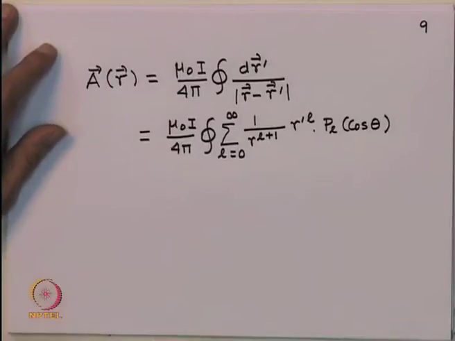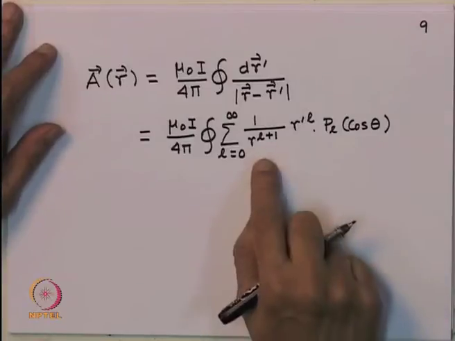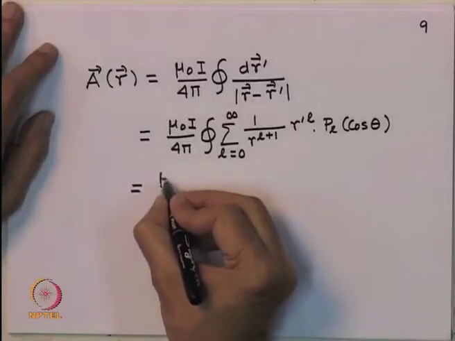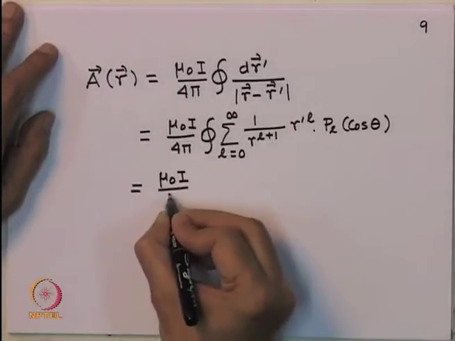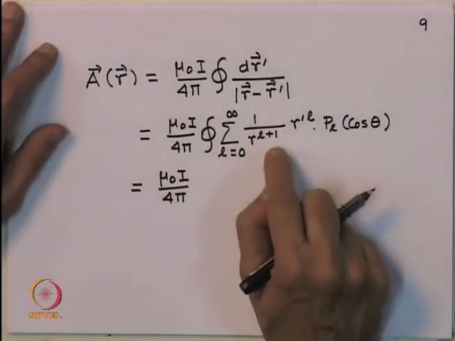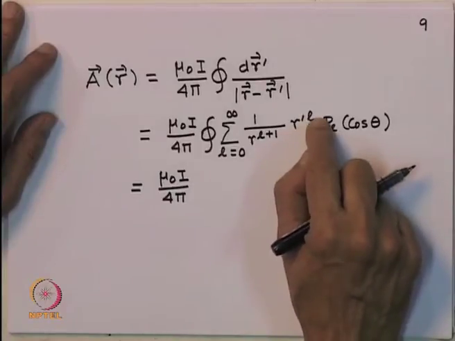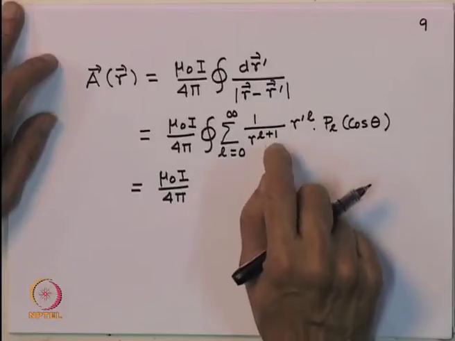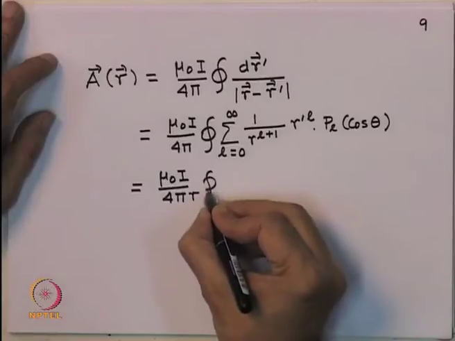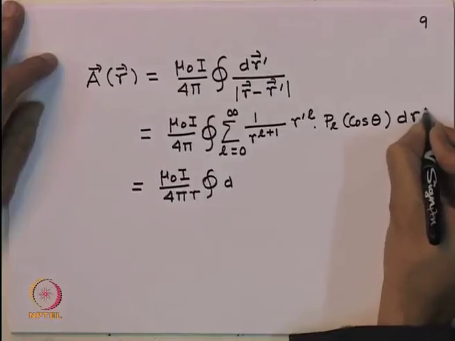Now, what we are going to do is retain only some lowest powers of these. So, for example, I can retain the L equal to 0 term first: mu 0 I by 4 pi. If I take L equal to 0, r prime raised to 0 is 1, and you have got a 1 over r there. So, let it come out, and a loop integral of dr prime. I need a dr prime back here.